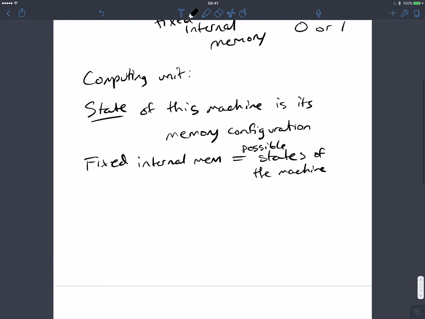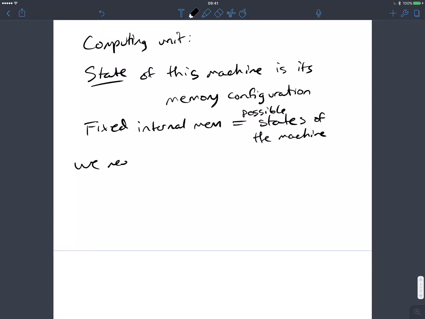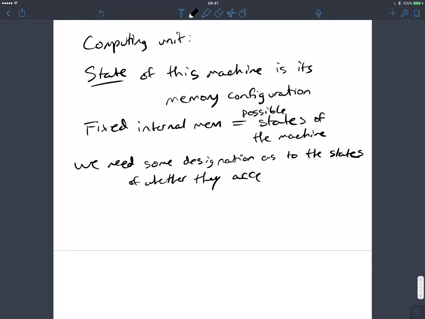Okay? So we need some designation as to the states of whether they accept or not accept the input.